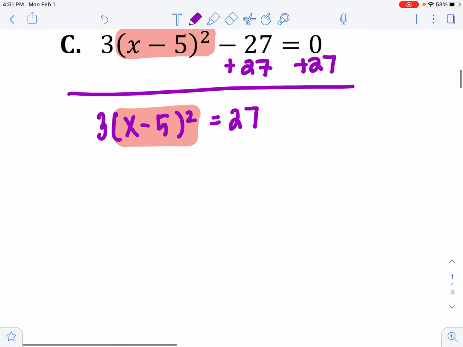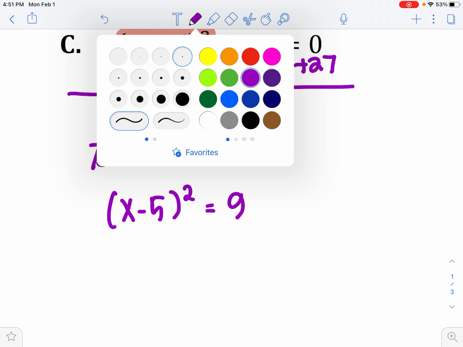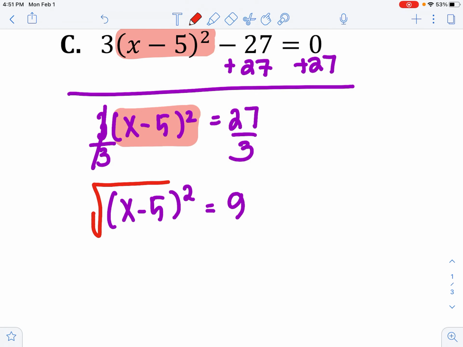X minus 5 quantity squared is still not by itself, so now I have to divide both sides by 3. So now I have x minus 5 quantity squared is equal to 9. And now I can square root to get rid of that square. So I'm going to do square root plus or minus on both sides. On the left side I have x minus 5 equals plus or minus, and we do know the square root of 9.